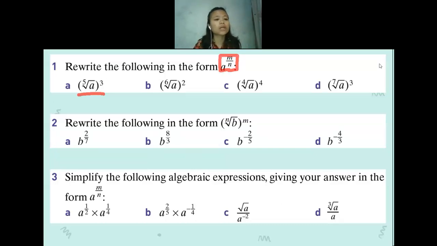So if we have the fifth root of a to the power of 3, we can write it as a to the power of how many? The m, we take it from the power. The n, we take it from the root. So later it will be equals to a to the power of what?